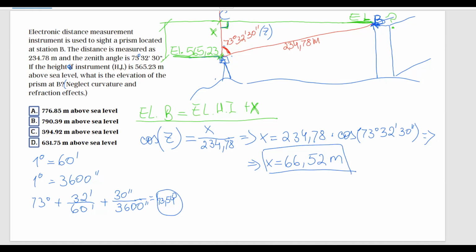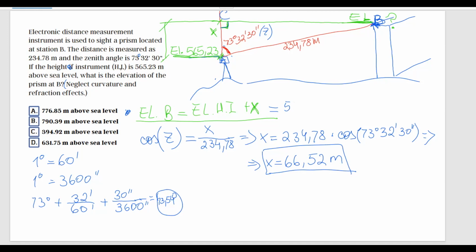Now we have to go to our initial equation here. In order to find the elevation at B, we have to add to the elevation of the height of instrument this distance x.